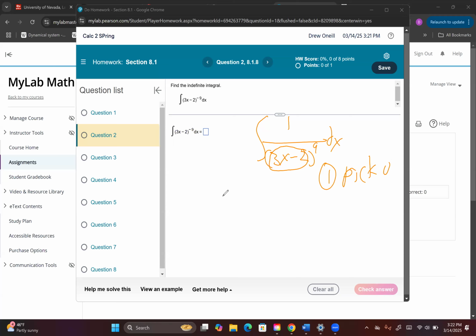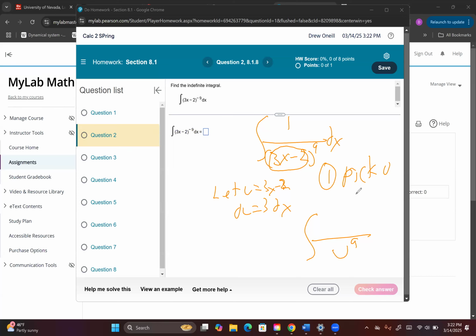So if we let u be 3x minus 2, then du is 3 dx. Now here's probably, in my opinion, the hardest part of Calc 2. This is stuff that gets you completely lost, so bear with me. What we're doing here is we substitute down here for u, right?